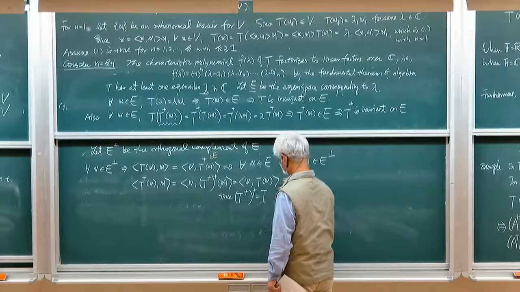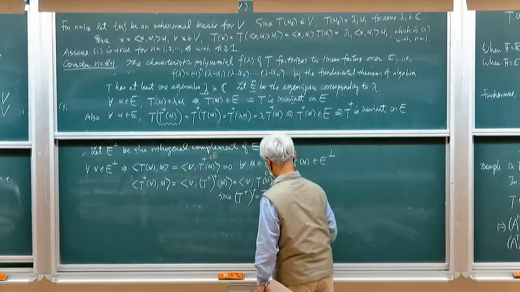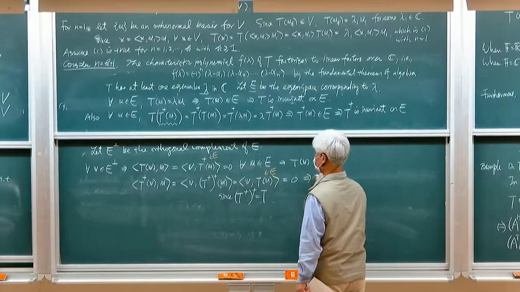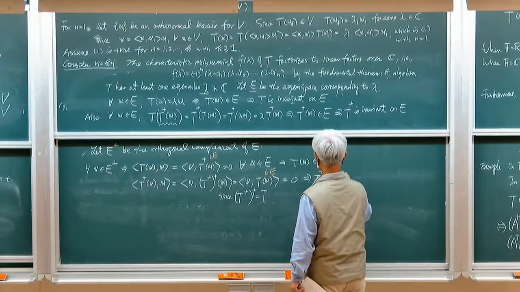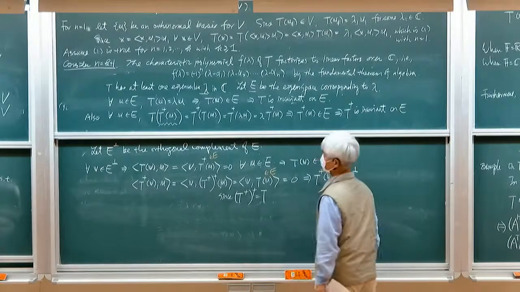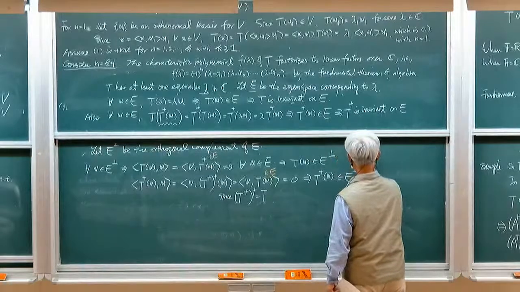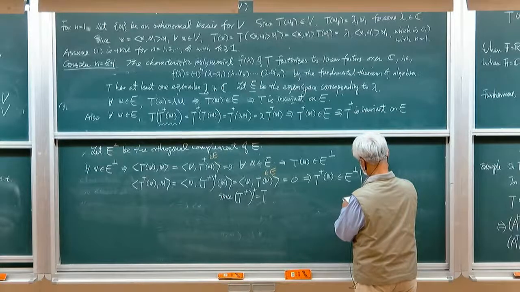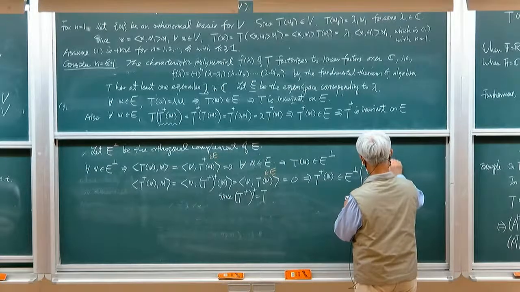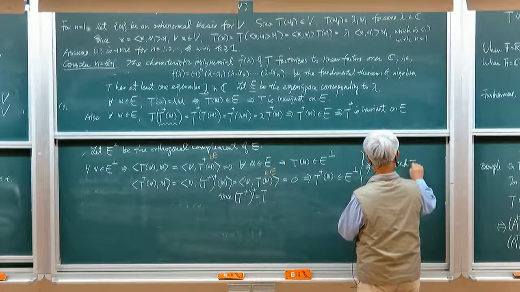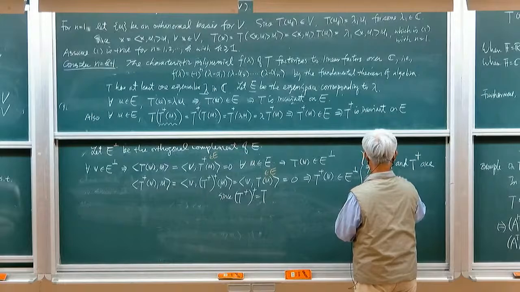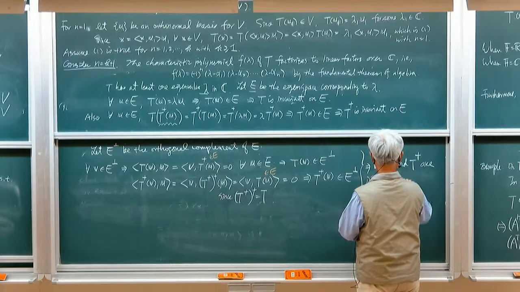This is 0 because Tu is in E and v is in E perp. So this implies that T dagger v is also in E perp. So both T and T dagger are invariant on E perp.